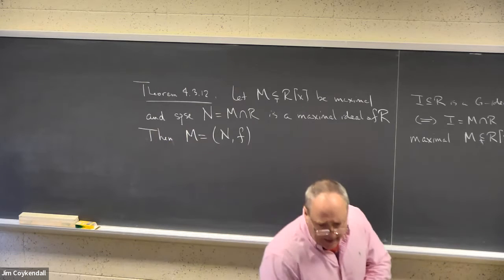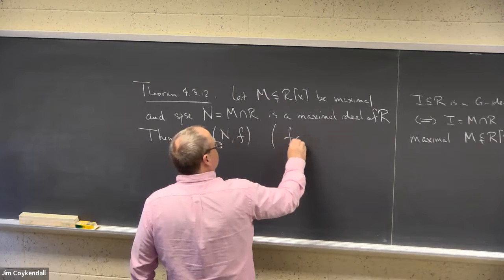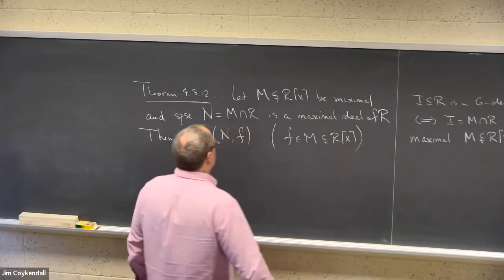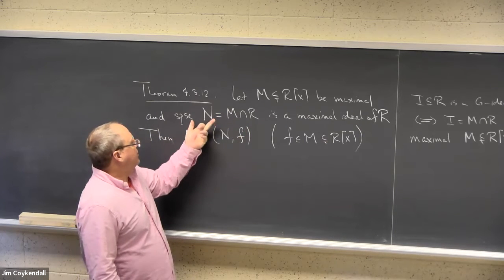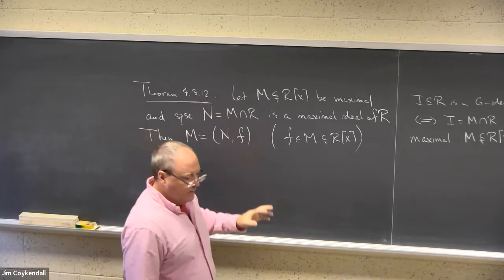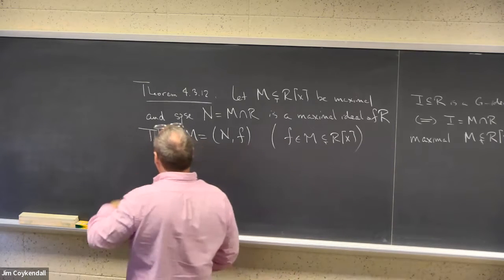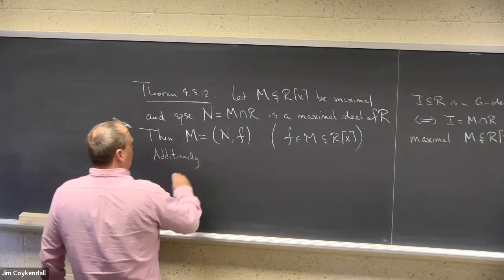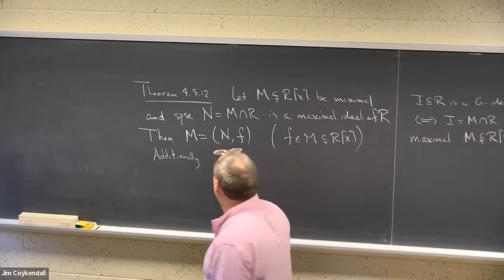And what's more, basically what this says is this maximal ideal that intersects down to a maximal ideal here can be generated by that maximal ideal, these constants here, and one more polynomial, which is kind of cool. And I can select this polynomial special. Additionally, F can be selected to be a monic polynomial.